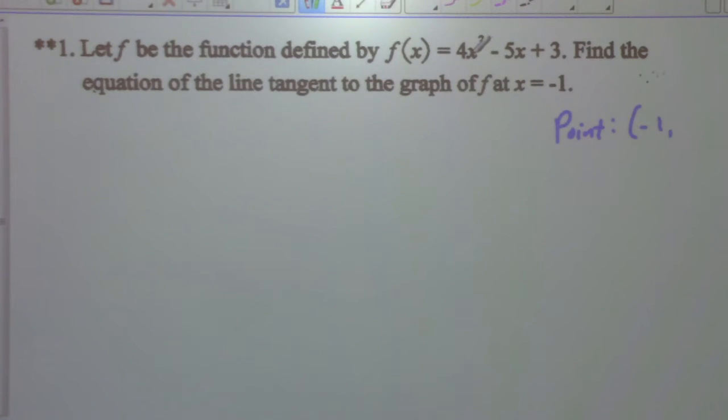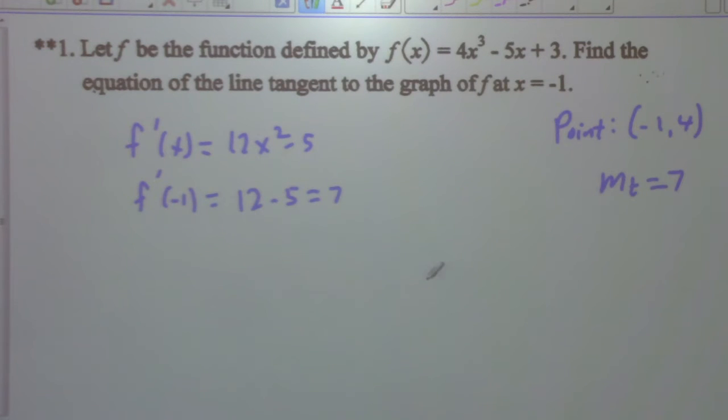Negative 4 plus 5 is 1, plus 3 is 4, isn't it? And then our slope, f prime of x is equal to 12x squared minus 5, and f prime of negative 1 is equal to 12 minus 5 equals 7, is that right? Yes.